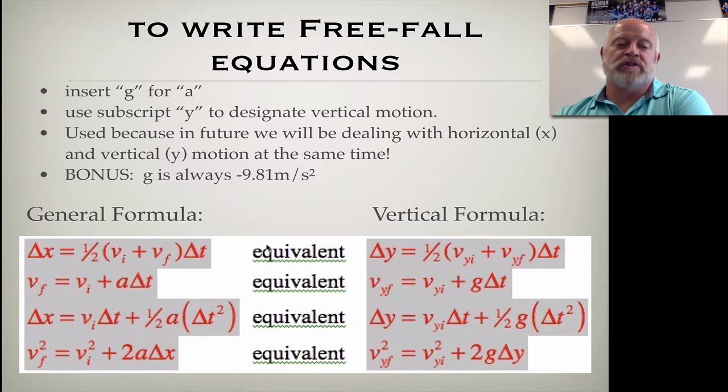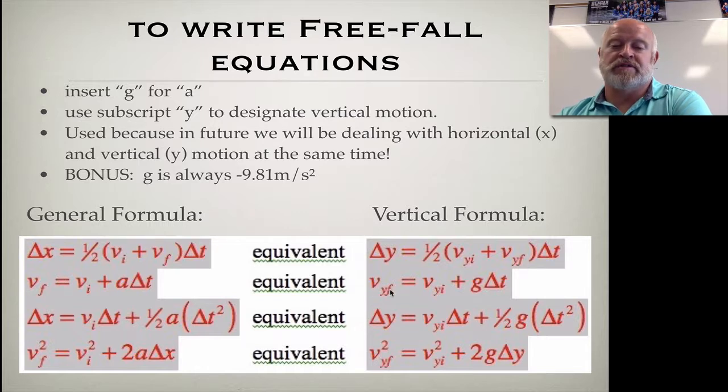Okay. So here's our equivalents. We have our 4 formulas that we've been using, delta x equals 1/2 and so forth. Notice the vertical formula, we just rewrite it saying delta y now. So we're working the vertical component. And we have velocity in the y direction initial, velocity in the y direction final. That's the only change.